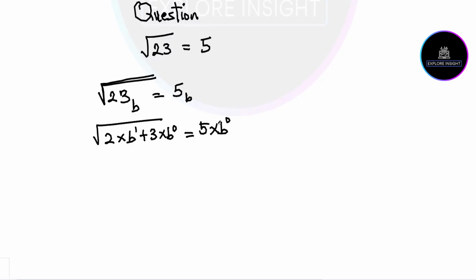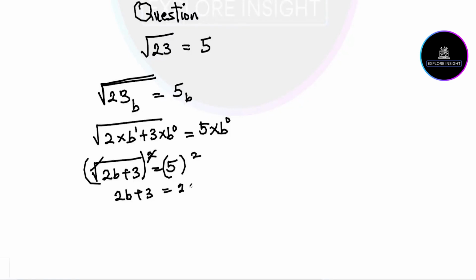Going through this multiplication, we have 2b plus 3 equals 5. To eliminate the square root, we multiply both sides by the power of 2, so we are left with 2b plus 3 equals 25. If we take 3 to the other side, we have 2b equals 22. So b will be 22 divided by 2, which is 11.